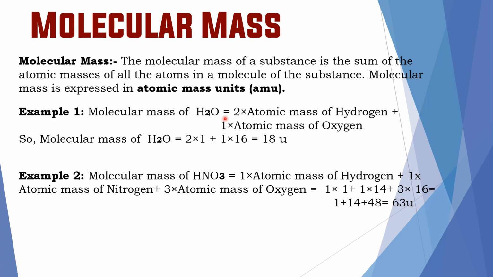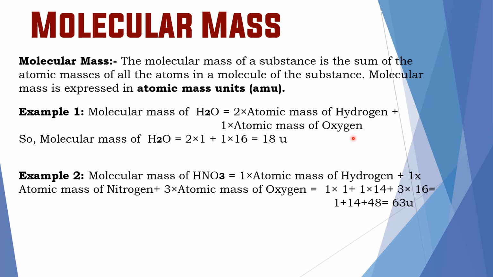You know that the formula of water is H2O, 2 hydrogen and 1 oxygen. So how can we calculate the molecular mass of H2O? 2 into atomic mass of hydrogen plus 1 into atomic mass of oxygen.